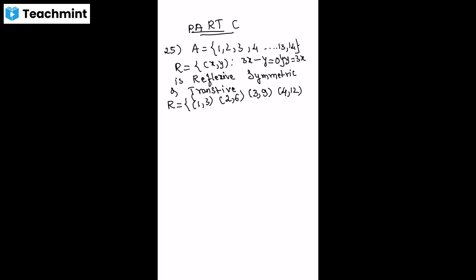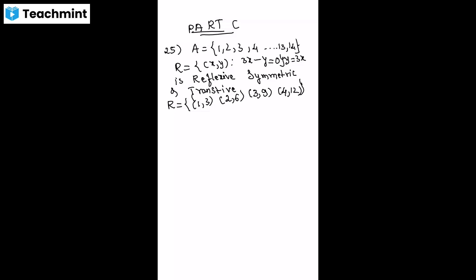Next, 5 comma... that completes it, because we are not able to take 5. Why? Because 5 threes are 15, and 15 is not there in the set A. Both x and y must be in the set A. So we got all the ordered pairs of the relation.